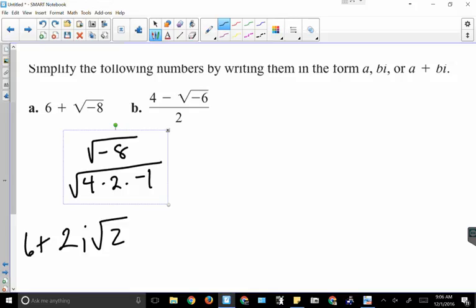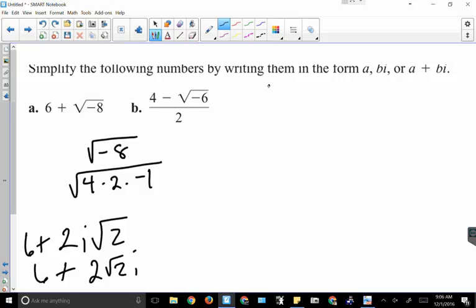Well, if I get a negative 1 in there, that's just going to come out as i. Now, depending upon the book that you're looking at, the author, sometimes you'll see it written like this. Either way, the order of multiplication doesn't matter. I don't necessarily like putting the i at the end because it ends up messing with things. What about b?